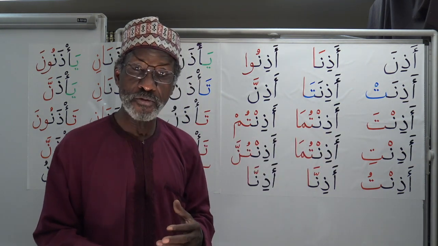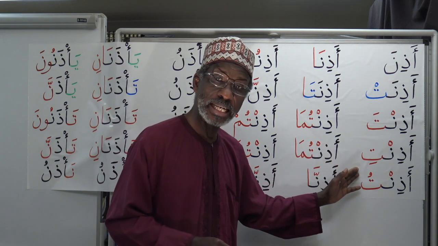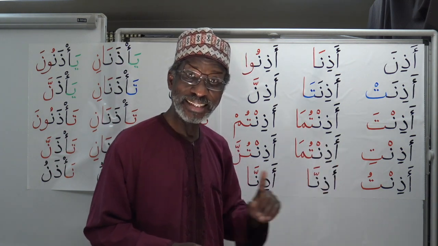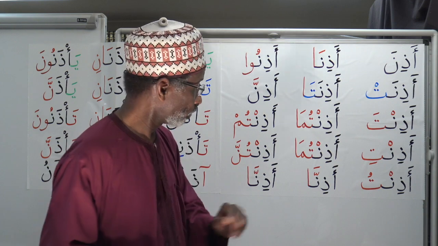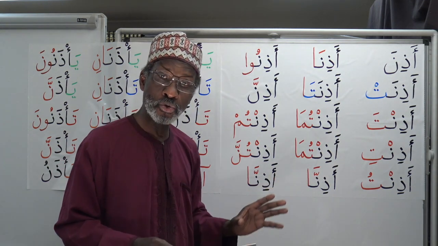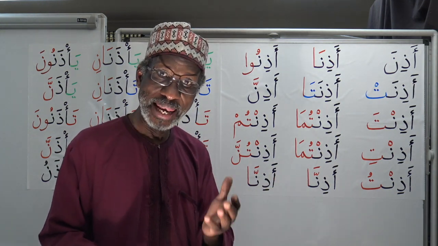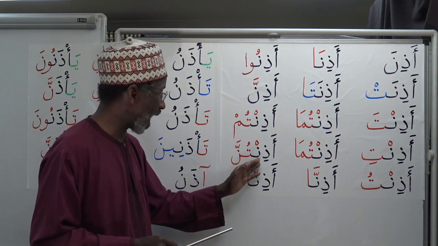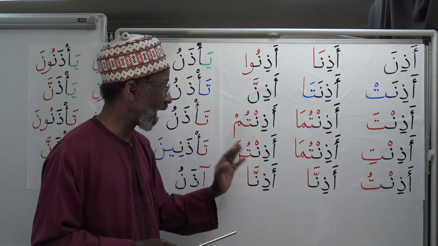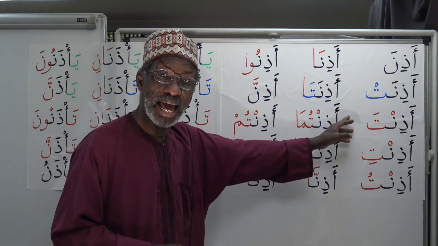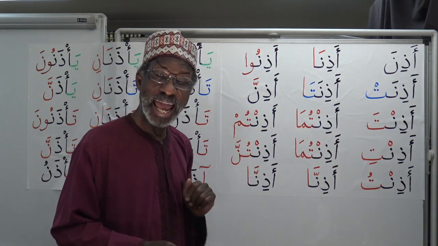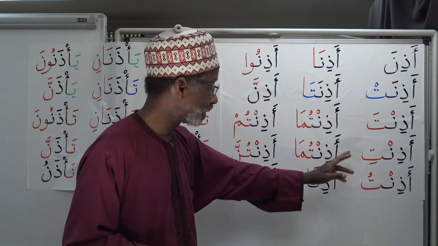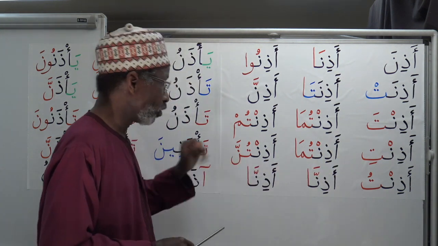For the feminine equivalent, you say adhinti, you, feminine singular, allowed. Adhintuma, you two, feminine, allowed. And you lot, feminine, allowed: adhintunna. So the ending for male is ta, tuma, tum, and the ending for female is ti, tuma, tunna.